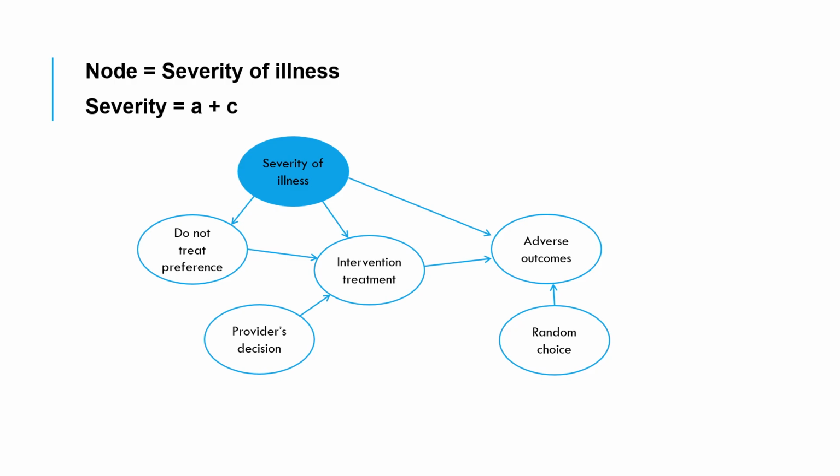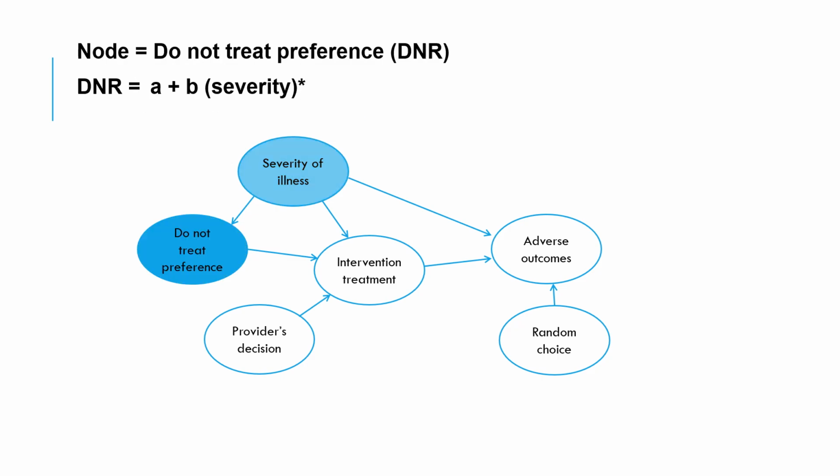For our next node, severity of illness, we look to see if there are any parents of severity, and we don't see any. So our regression equation will be severity equals alpha, the y-intercept, plus C, which is the coefficient for severity. Our next node is do not treat preference or DNR. Because there's only one parent node or direct cause, which is severity of illness, DNR will equal alpha, the y-intercept, again a constant, plus the coefficient for severity times severity.